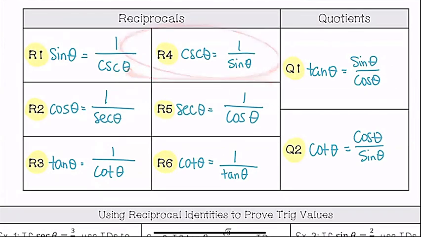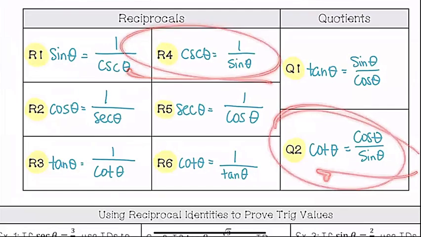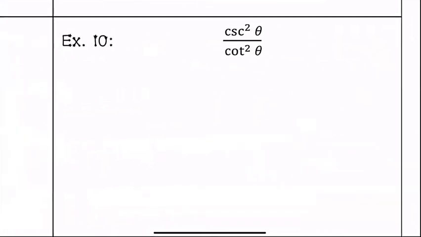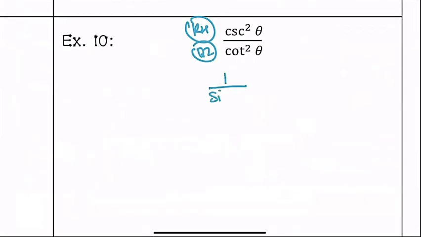R4 will do the top, and then Q2 would do the bottom. So R4 and Q2. Per R4, cosecant squared is actually 1 over sine squared. And the bottom, per Q2, cotangent is actually cosine over sine. So if it's cotangent squared, we would just do cosine squared and sine squared.